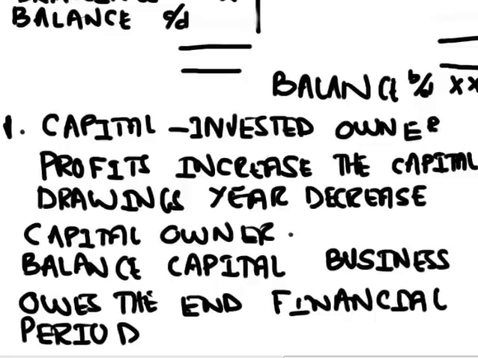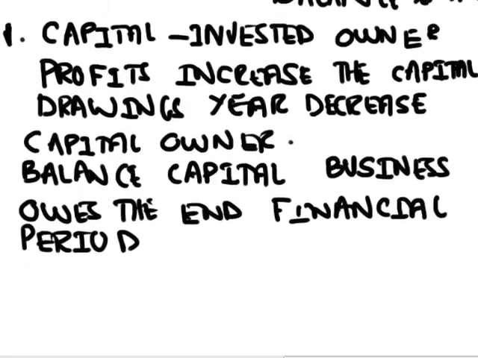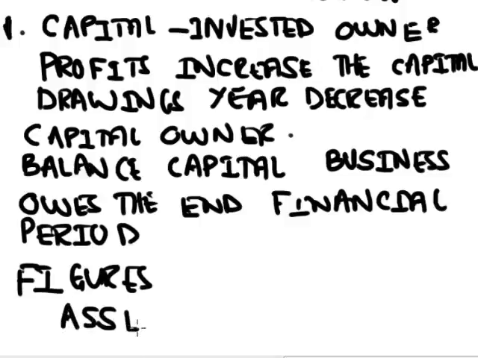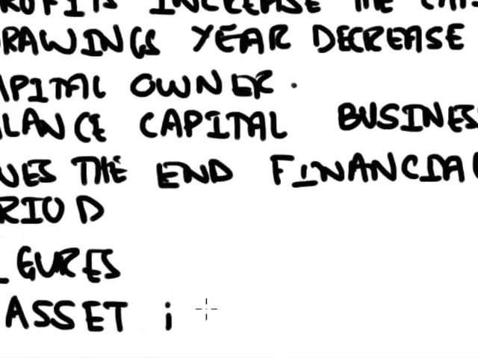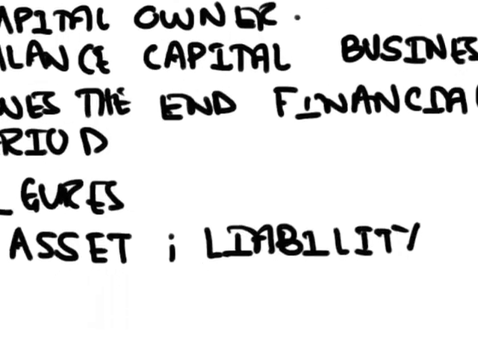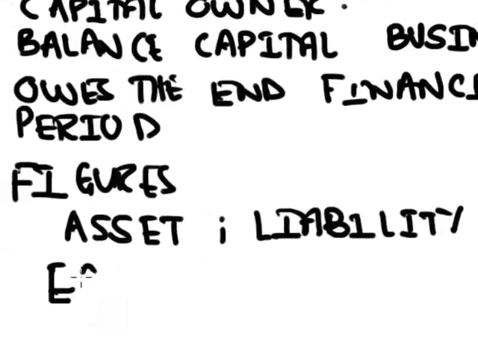Now remember that having completed this process here, we will now use the figures that we have, and all these figures that we are left with. In other words, which accounts are we left with? We're left with the asset accounts, we're left with the liability accounts, and we are left with the equity account.